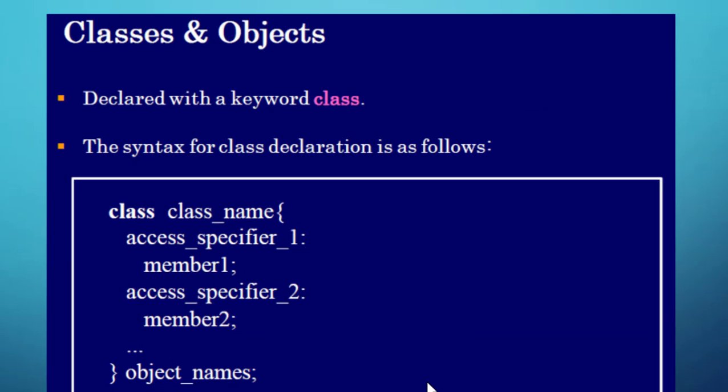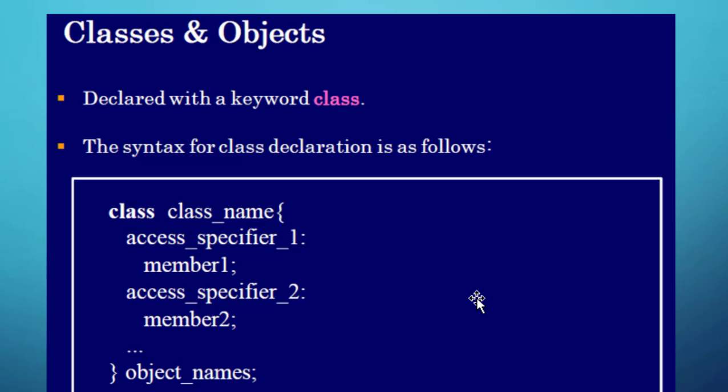Now let's see how to work with class and object. So let's see now how to declare a class. Normally a class is declared with the keyword class. The syntax for class declaration is as follows. You just have to write class, then class name, you open bracket, you show access specifiers. You may be having 2 or more access specifiers.